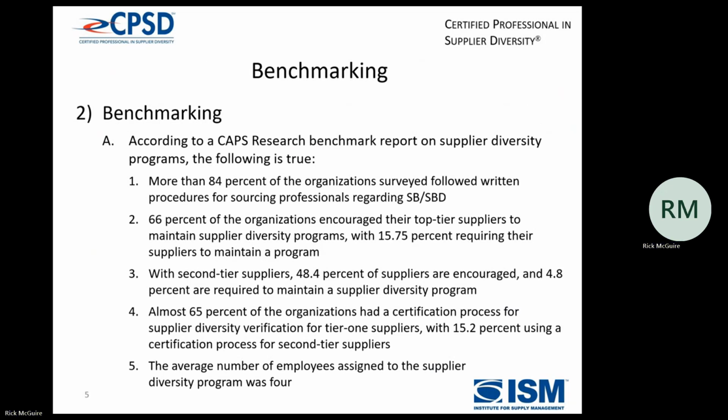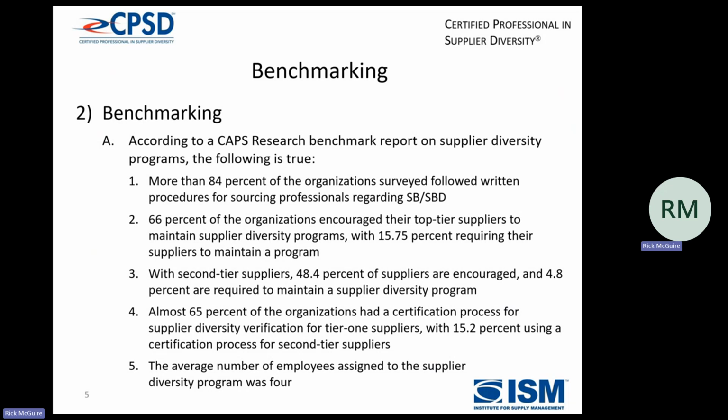Benchmarking. According to CAPS, which is the Center for Advanced Purchasing Studies, research benchmark report on supplier diversity programs, the following is true. More than 84% of the organizations surveyed followed written procedures for sourcing regarding diverse suppliers or disadvantaged businesses. 66% of the organizations encouraged their top tier suppliers to maintain supplier diversity programs.